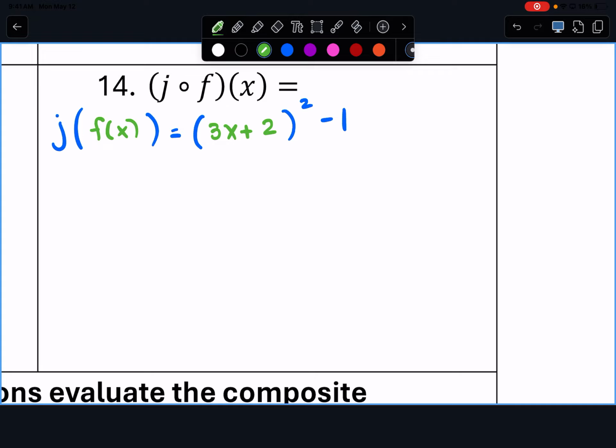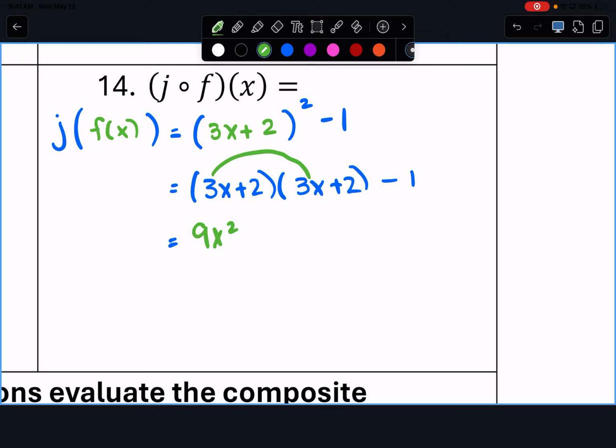So when we square something, what are we doing with it? Put it twice. Yep. So that right there is actually us doing 3x plus 2 times 3x plus 2 minus 1. And then we distribute that. So we do 3x times 3x and get 9x squared. We do 3x times 2 and get 6x.